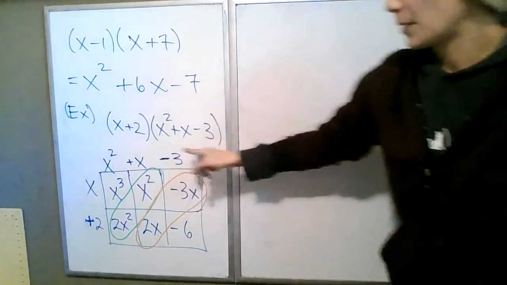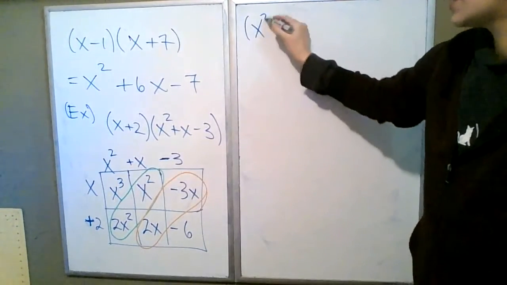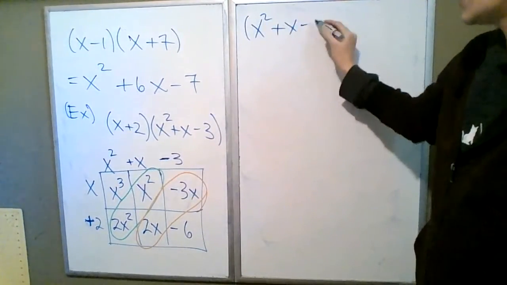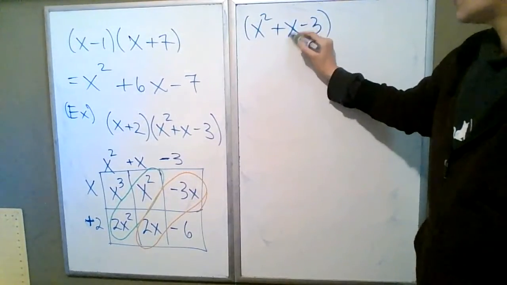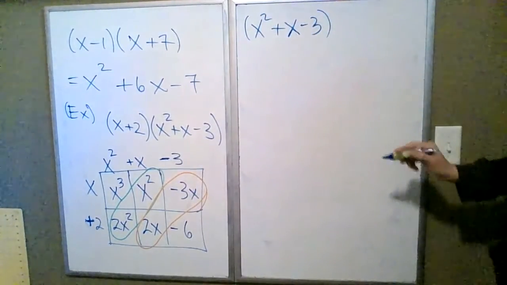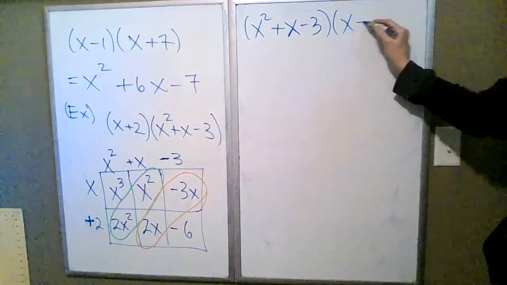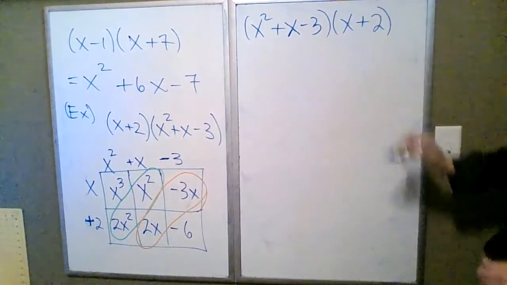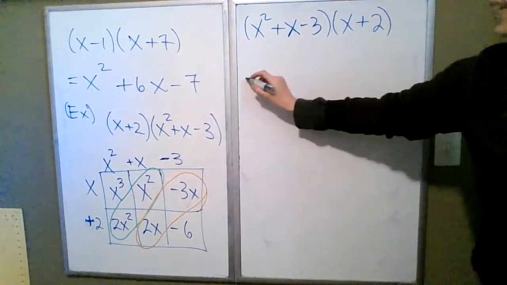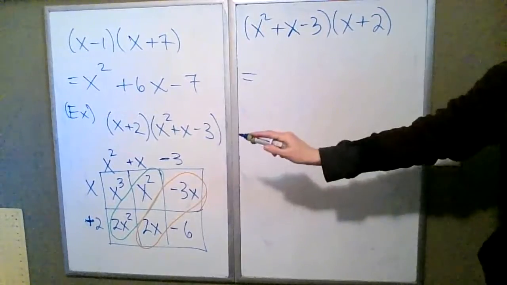Okay, we took the top part, the x squared plus x minus 3, and we multiplied it with the side, which was x plus 2. We got everything in the square, which is x cubed.